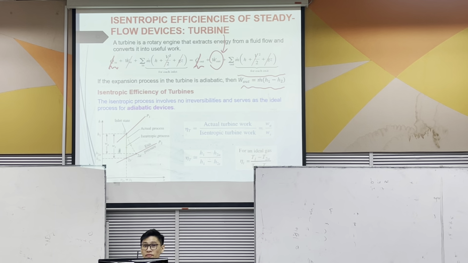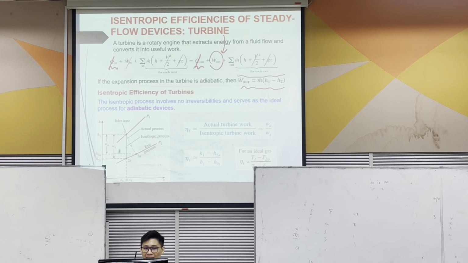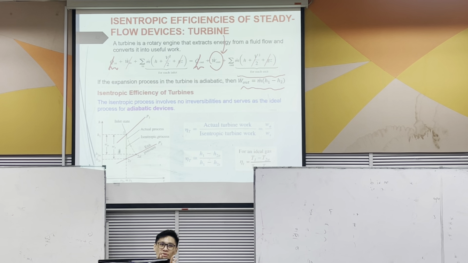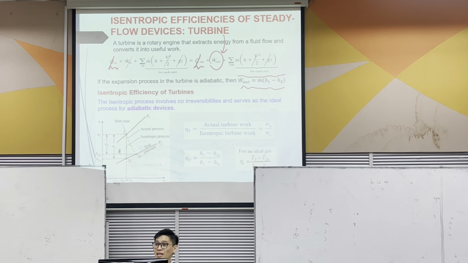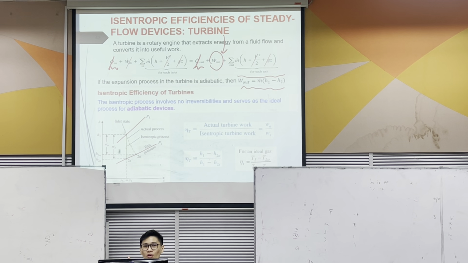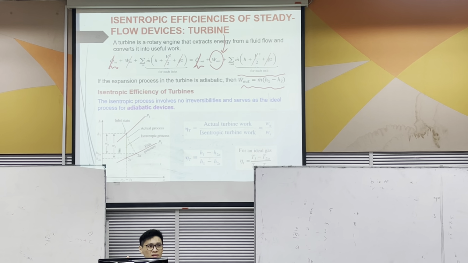So isentropic efficiency, as the name says, is an efficiency for the isentropic process, which means we are actually measuring how close this turbine is to the ideal case. So by introducing this isentropic efficiency, we don't need to care about the Q out, Q in anymore.